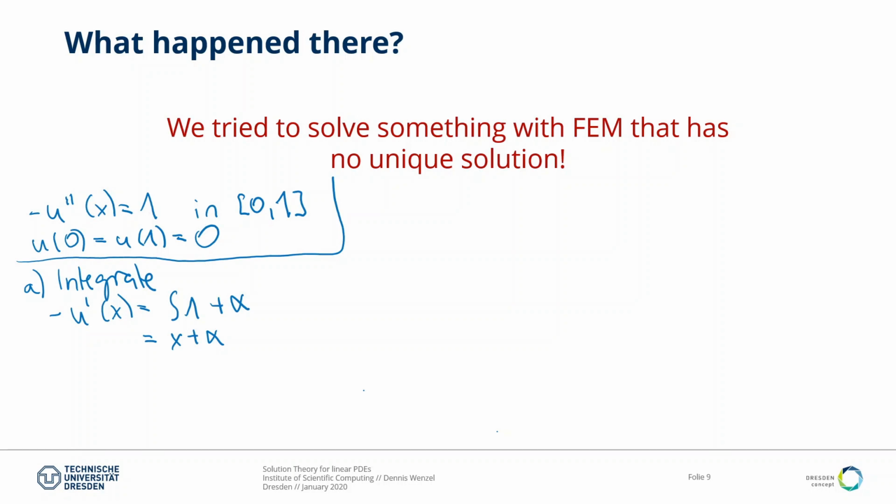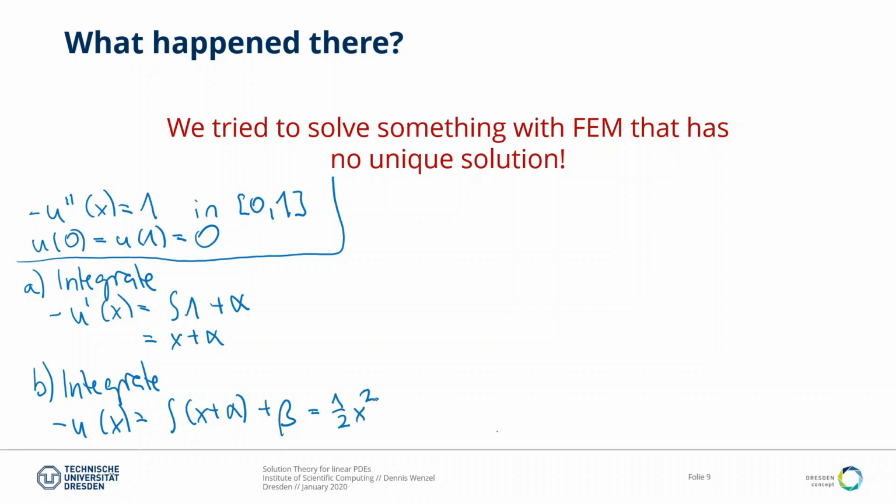Okay, this is good and well now, and then we go for one step more and integrate again. And then we have minus u of x is, well, the integral of x plus alpha, plus some other constant beta. And that is just minus 1/2 x squared. That comes from integrating x again.